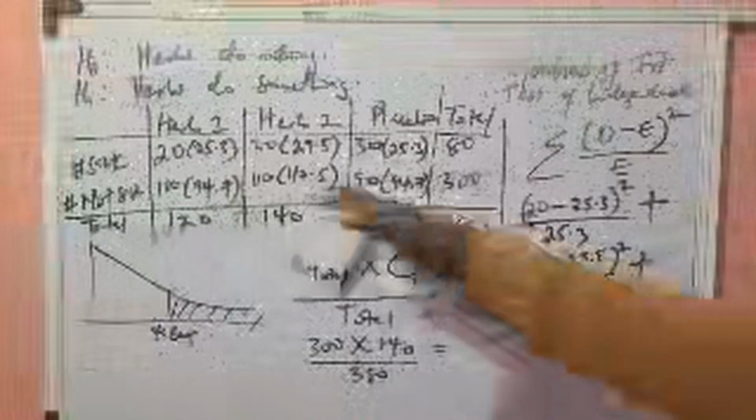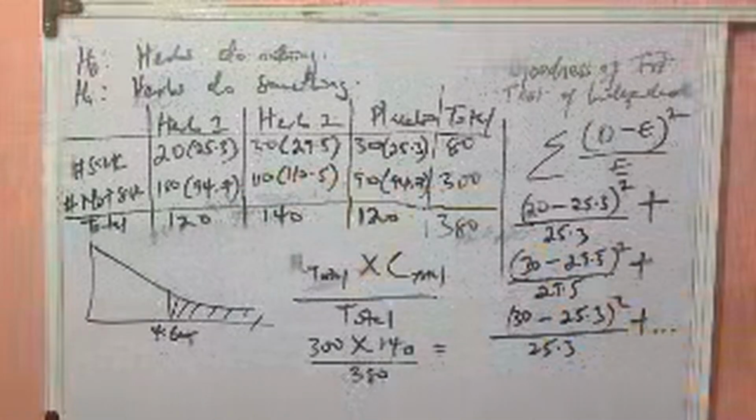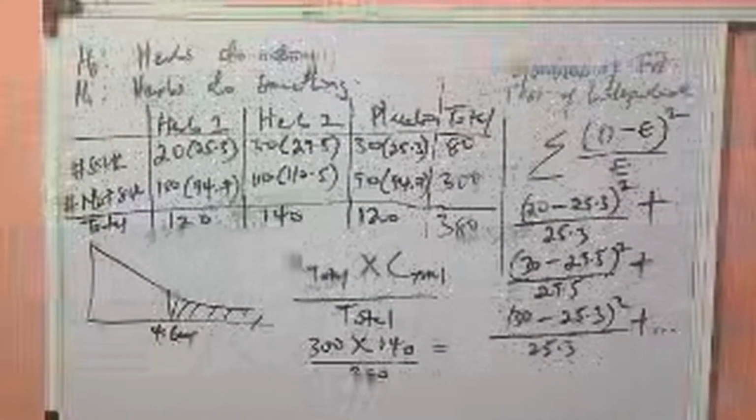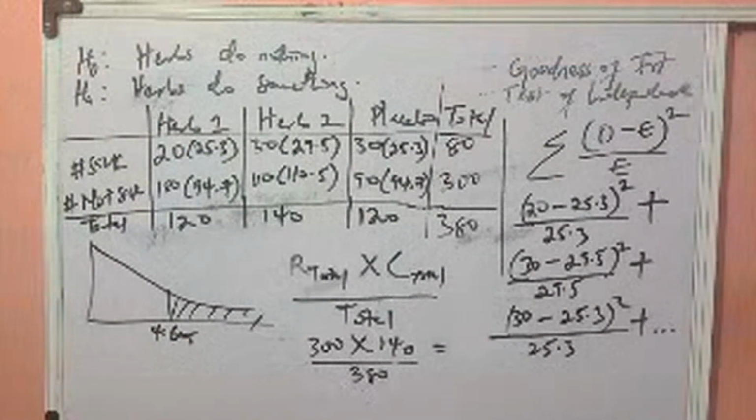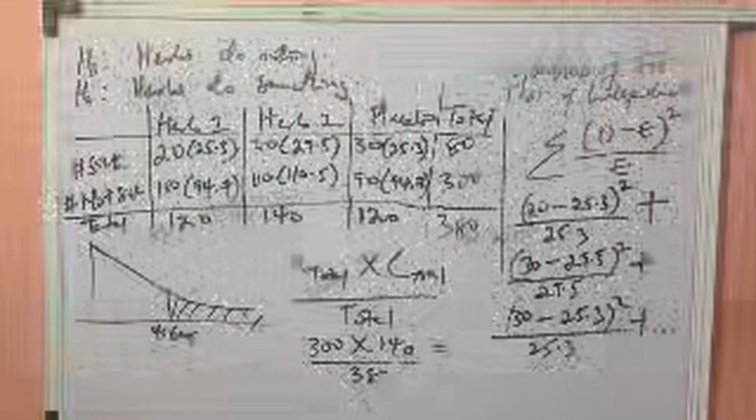So you keep doing this till you're done with all the entries. All right. So you will do for each of the entries and find a final value. And that final value is what will be your test statistics.